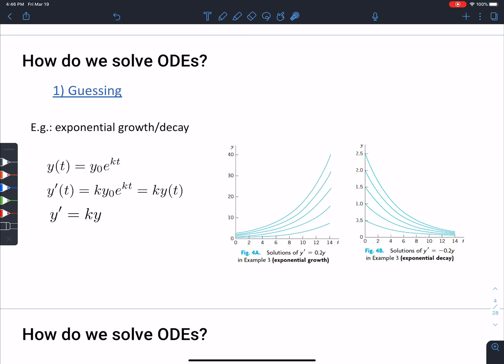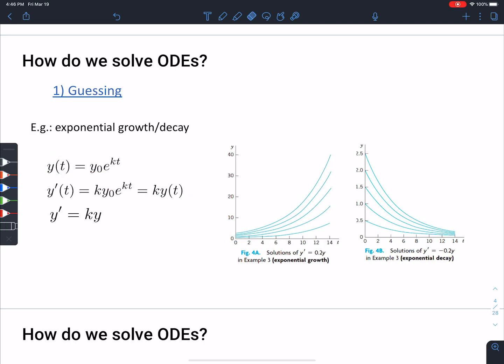Right? So there are some systems, for example, y of t equals y naught e to the kt, right? This is a famous equation for which we know if we differentiate this with respect to t, we get this over here where the k essentially comes out. And so since this part is already y of t, I might as well replace it, so I have k y of t.